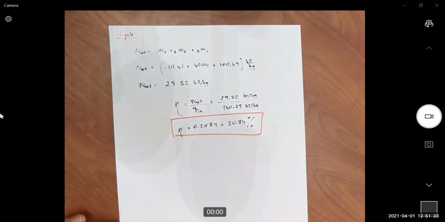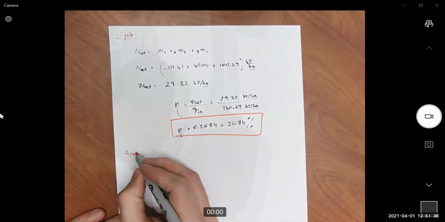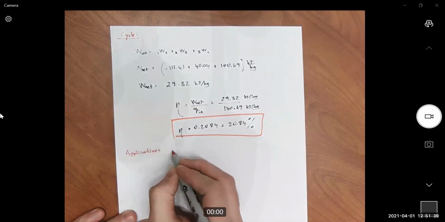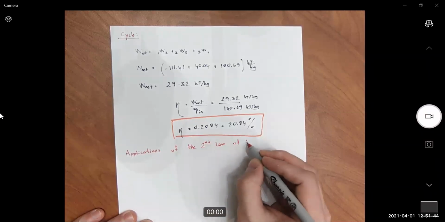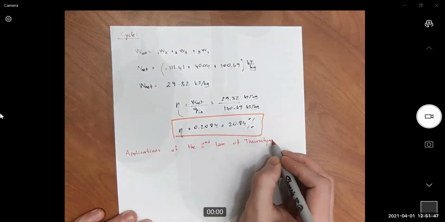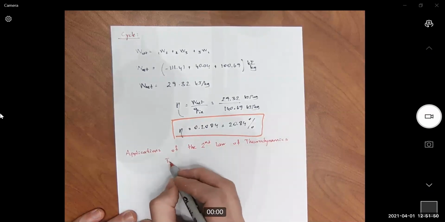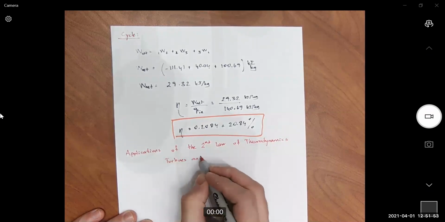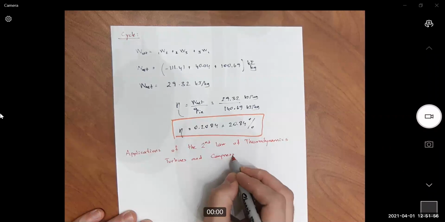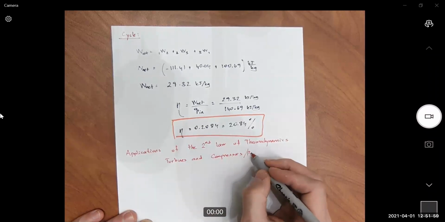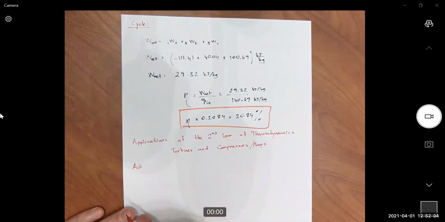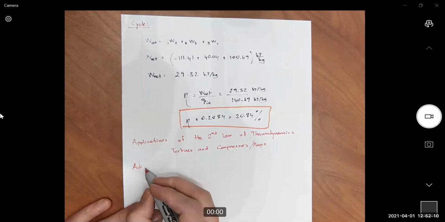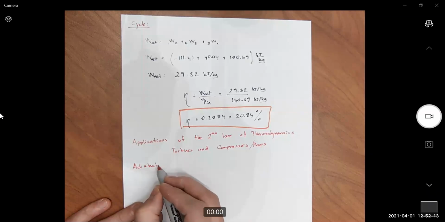Applications of the second law of thermodynamics: turbines and compressors or pumps. You can see this as second law efficiency or adiabatic efficiency.